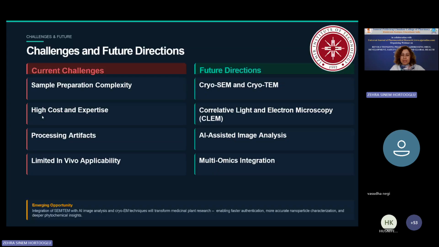Future directions, we hope: cryo-SEM and cryo-TEM, for hydrated native state imaging without chemical fixation, preserving true in vivo structure of plant cells or nanoparticles.